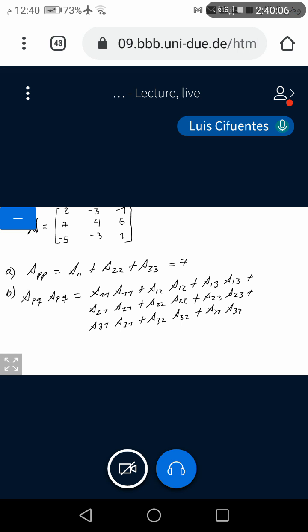So this is just the square of every component.